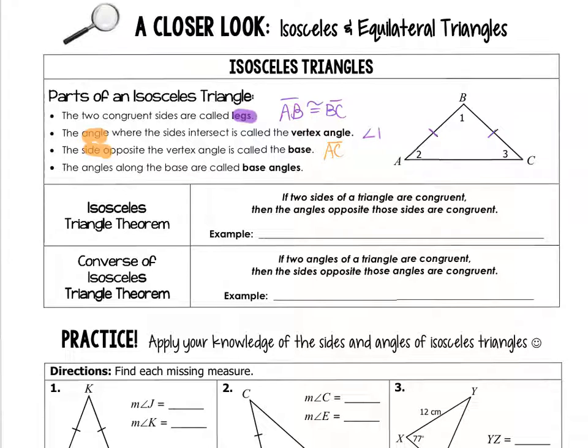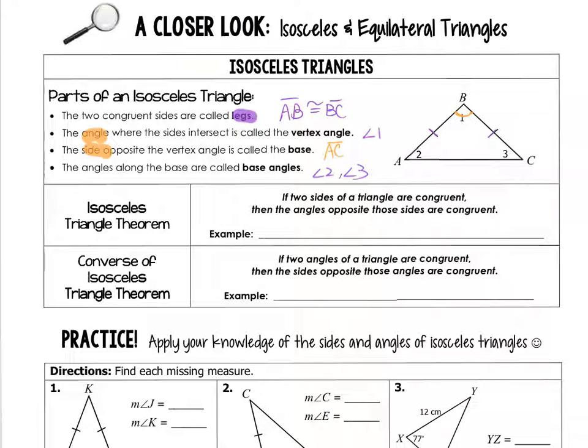That's what we call the base because it's opposite of angle 1. In a triangle, angles and sides correspond to each other when they're opposite to each other. And lastly, the angles along the base are called base angles, so that's angle 2 and angle 3.